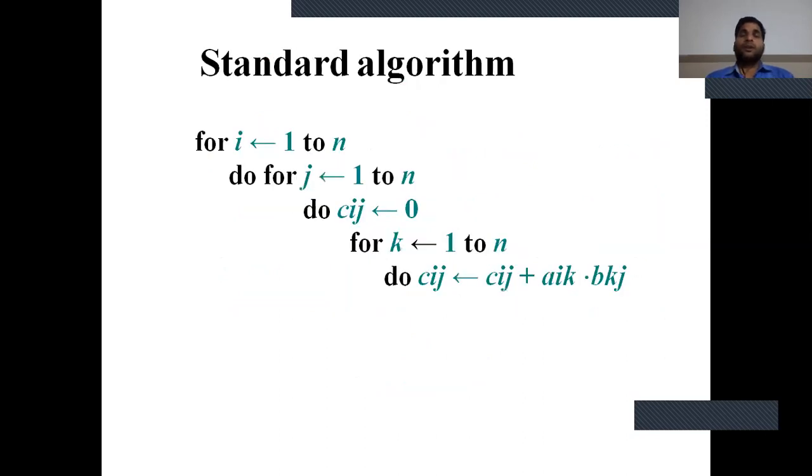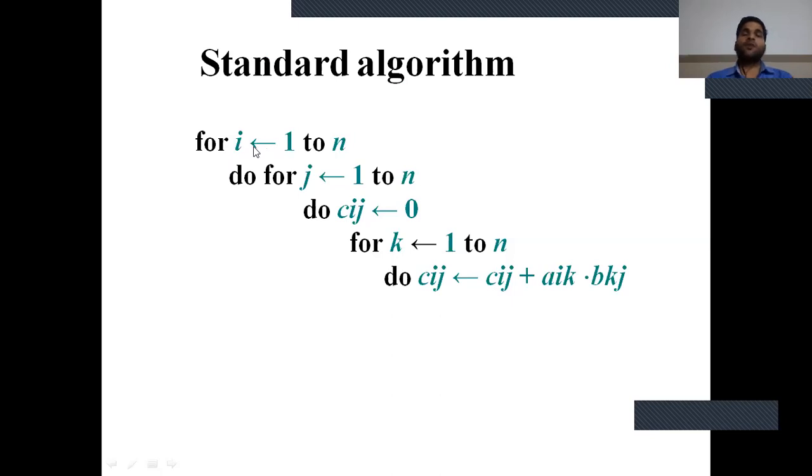Now, the standard algorithm of this matrix multiplication: i starts from 1 to n and j starts from 1 to n. First we store the value of Cij, initializing it equal to 0, so C11 equal to 0. Next we start a for loop for k equal to 1 to n, then we find Cij equal to Cij plus aik dot bkj.